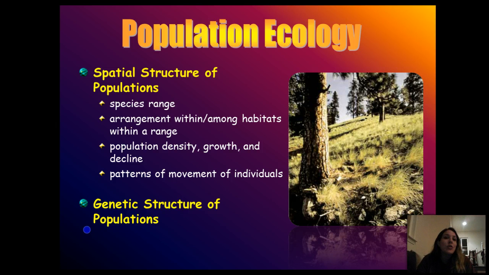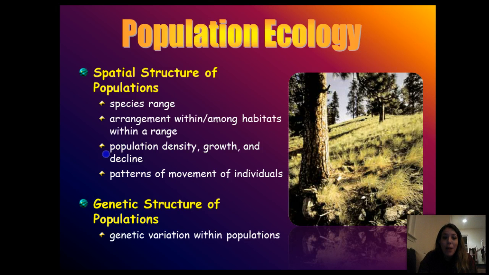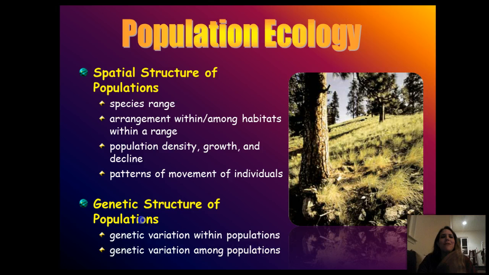Well, if you're interested in studying the genetic structure of populations, you're interested in how much genetic variation is within the populations and how much genetic variation is between populations and what the factors are that affect that, because that has very important implications for the ability of the population to evolve in a changing environment, especially in the face of things like climate change and disease and introduced exotic species.